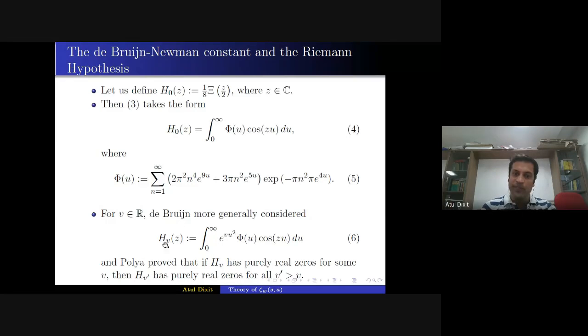So De Bruijn had considered these integrals, and Polya actually showed that h sub v has purely real zeros, meaning all zeros of it are real. If it is the case that we have all real zeros for some v, then h sub v dash has purely real zeros for all v dash greater than v. This is the result of Polya.